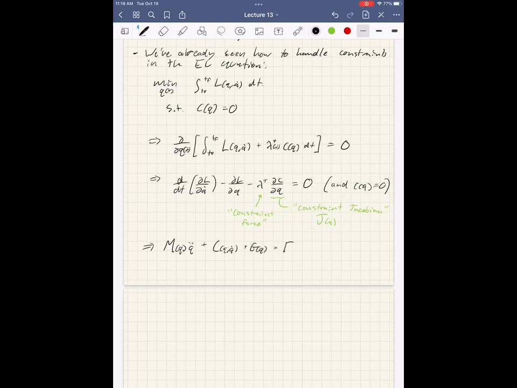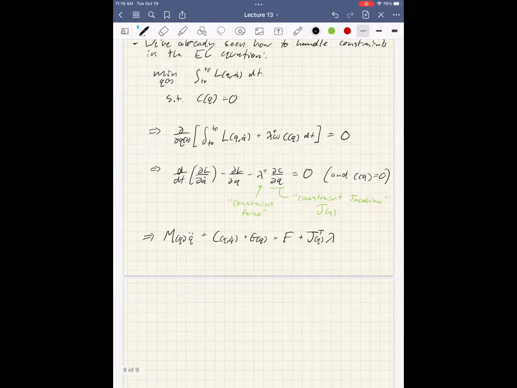You can have your forcing term like we had before, and then you'll get a new term that looks like J transpose times lambda when I set everything up as column vectors. Cool. Has anyone seen this before with this new constraint term over here? Yes? Cool.